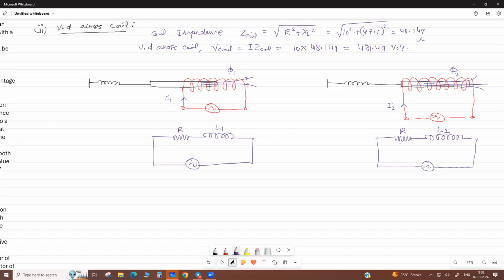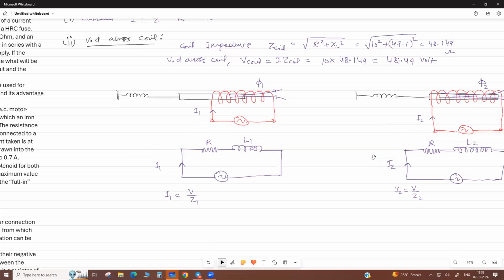Their impedances are different, and currents are different. Here it is I1, here it is I2. Impedance Z2: I2 equals V by Z2, and I1 equals V by Z1.